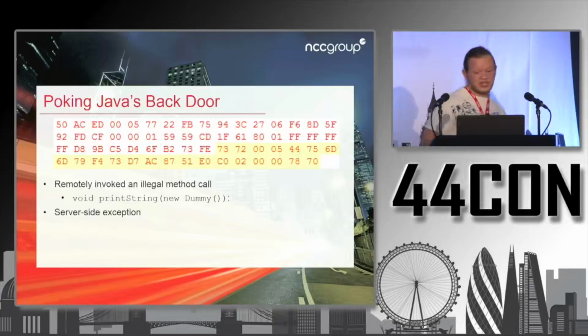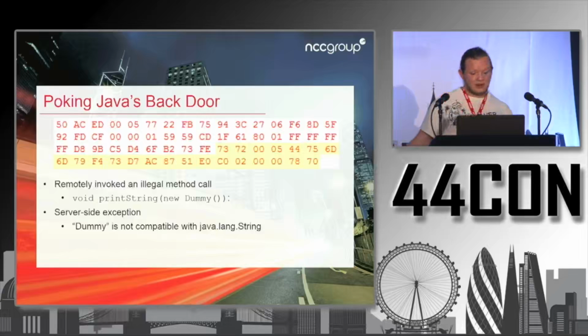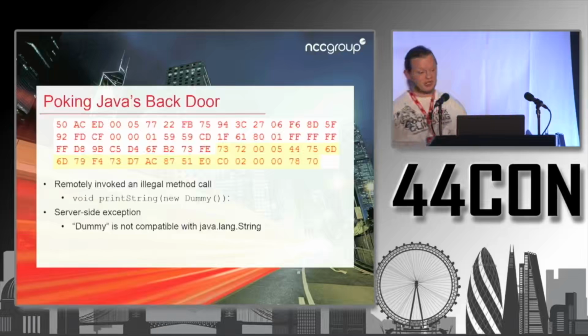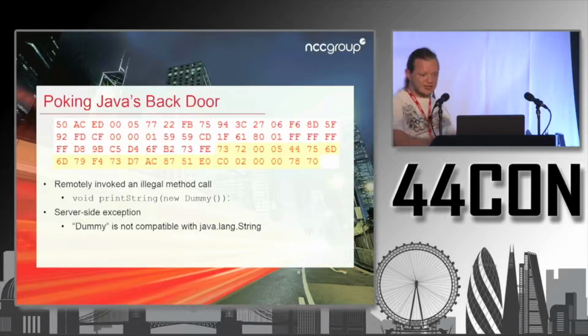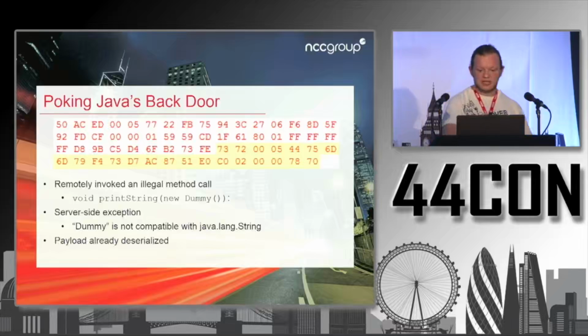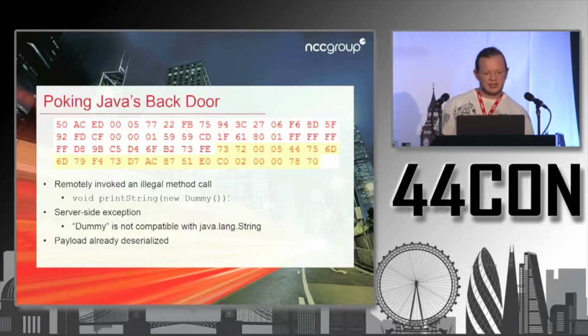It's an illegal method call. So this caused the server-side exception because, like I said, dummy is not compatible with java.lang.String. So when RMI receives this request, this method invocation, it deserializes the parameter, tries to then assign that to the method call parameter. That fails, so you get an exception back. But by this point, the payload has already been deserialized.